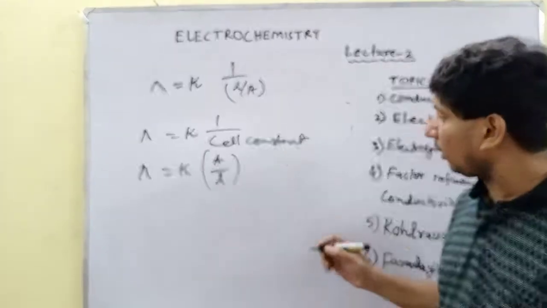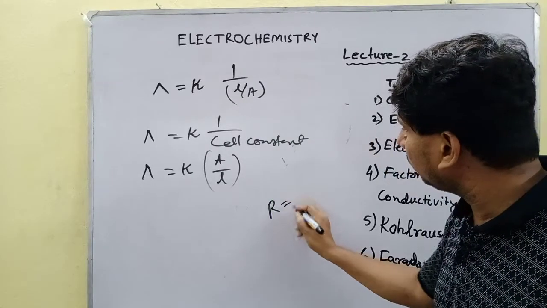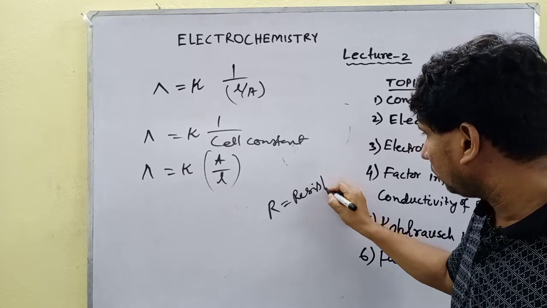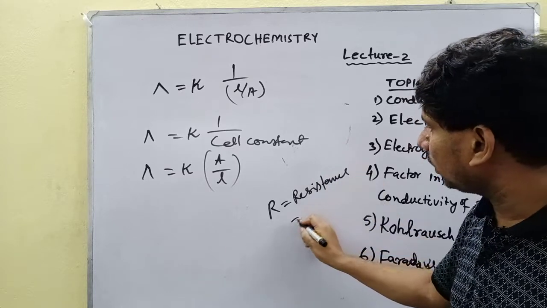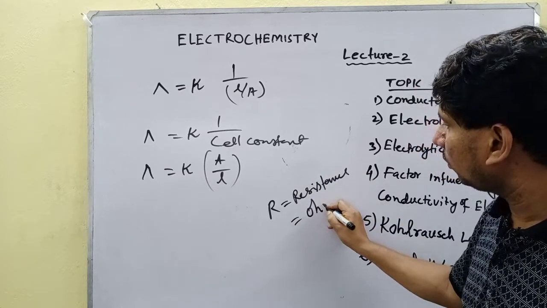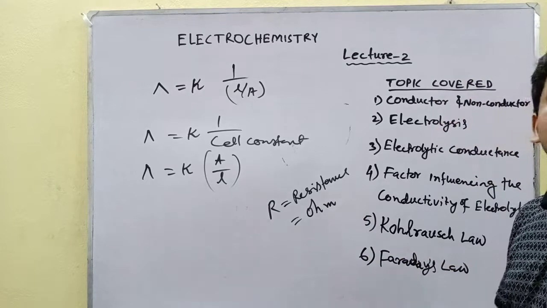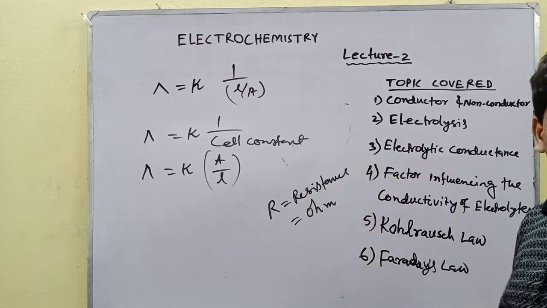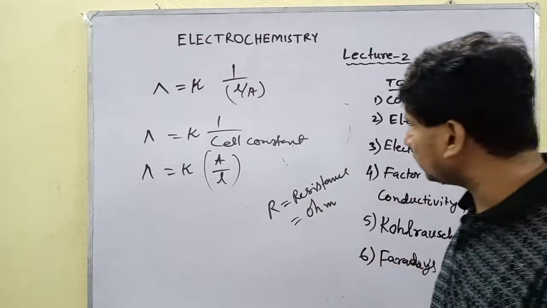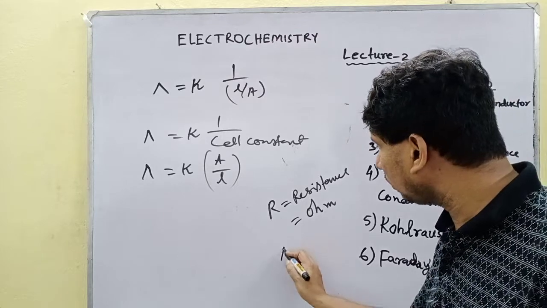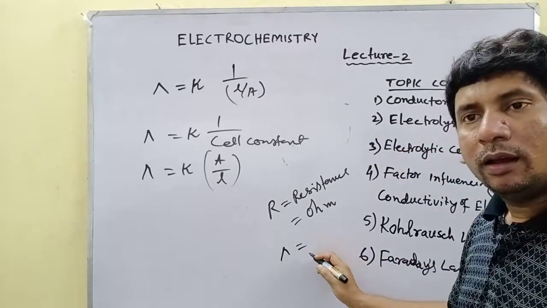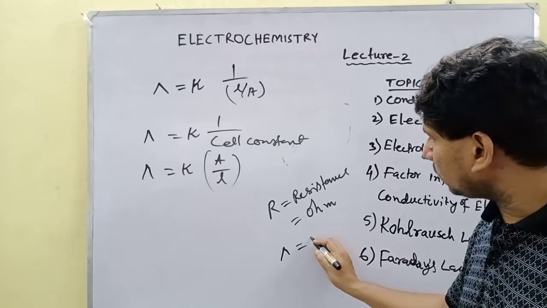Now what is the unit of R? R, resistance, is in ohms. From Ohm's law, this is ohm, and the inverse of this, that is lambda, is not a resistance, it is conductance, that is mho.